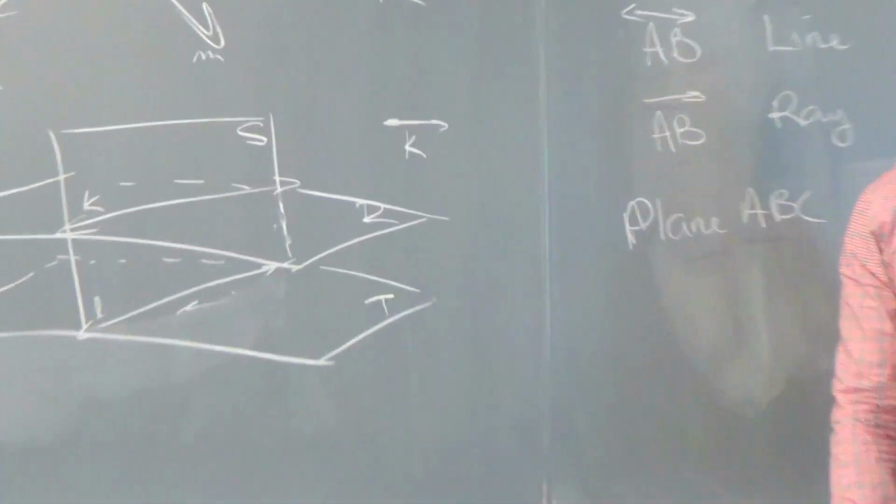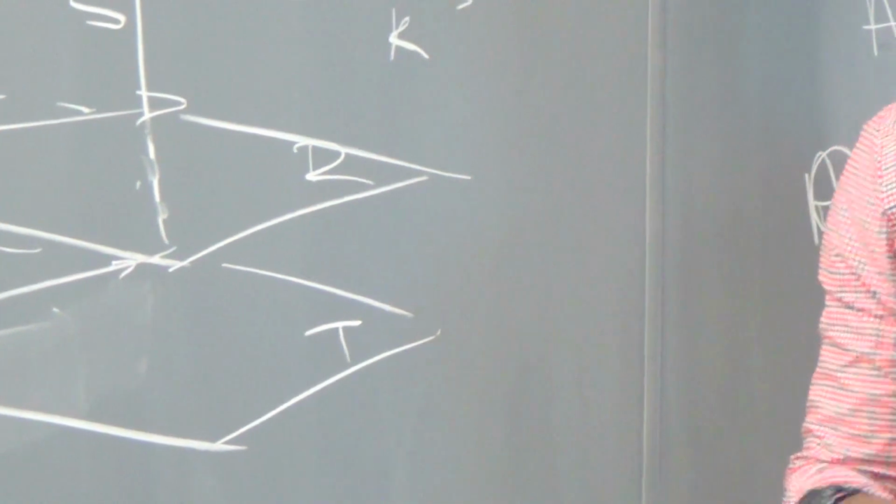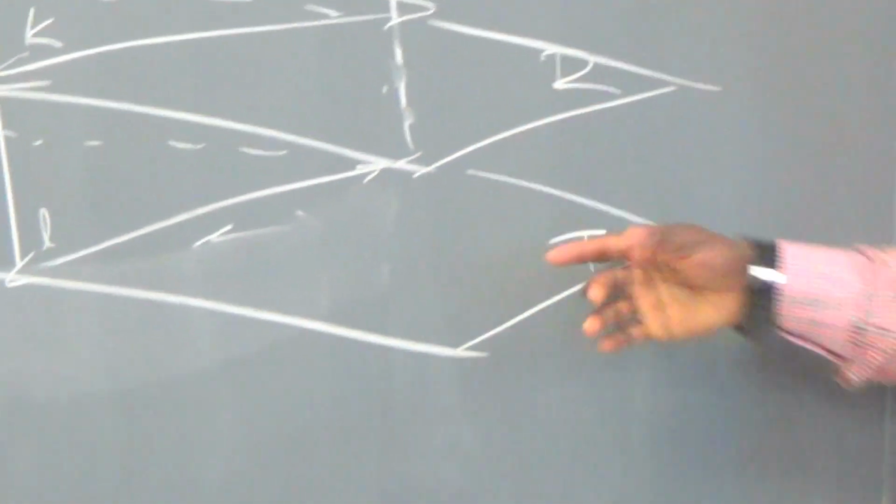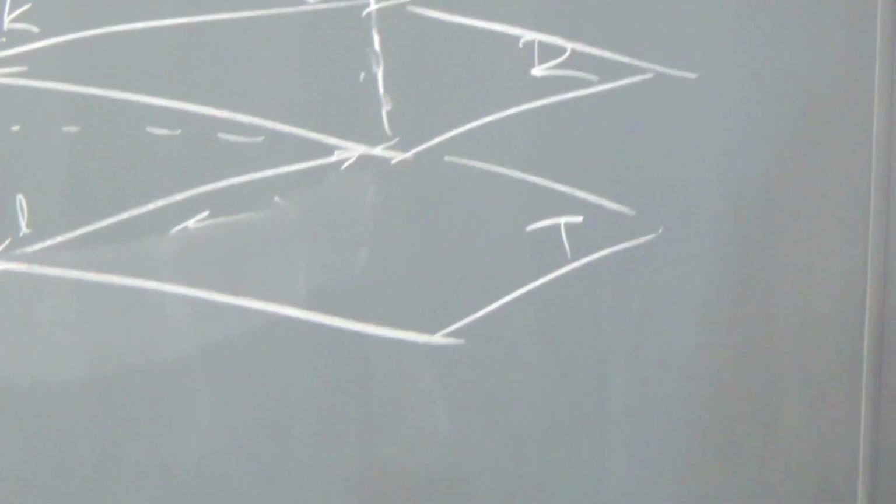What's the word for when lines or planes don't intersect? Parallel. They're parallel. So there is no intersection here. Plane R and plane T don't intersect. They're parallel. That's like the floor and the ceiling. They'll never meet.